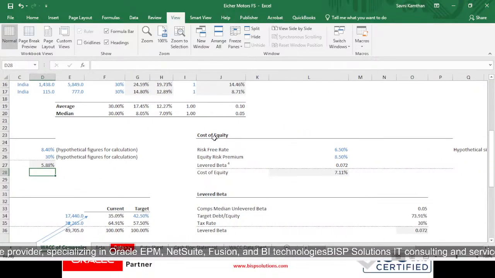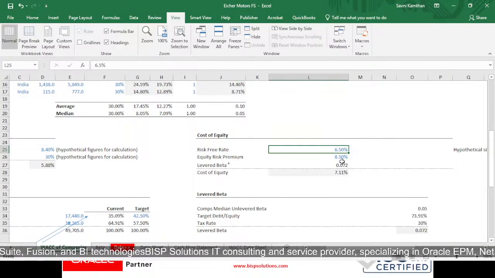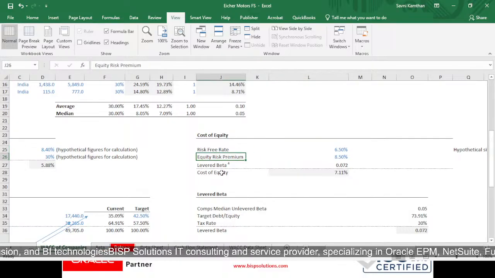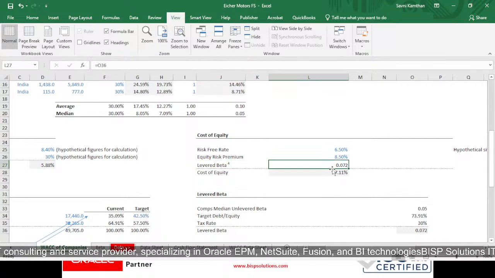Then coming to our cost of equity, inside that, I have taken risk-free rate as 6.50 for example, and equity risk premium, which is ERP, which we will discuss in our next session, which is 8.50, and levered beta is 0.072.